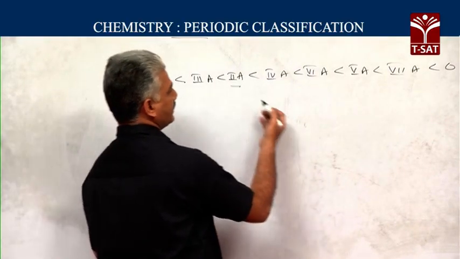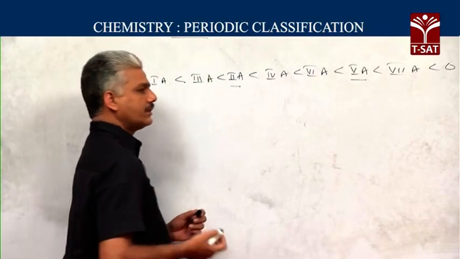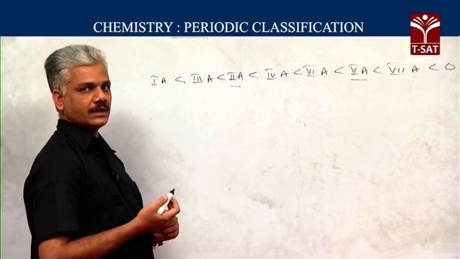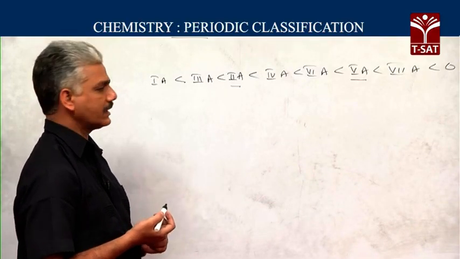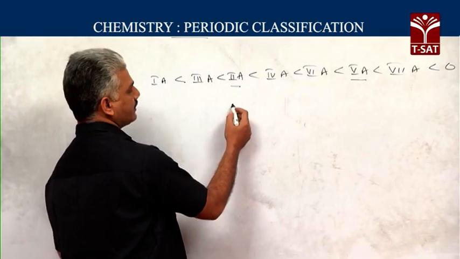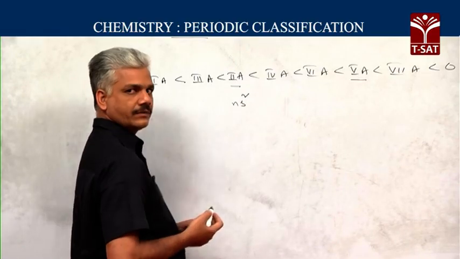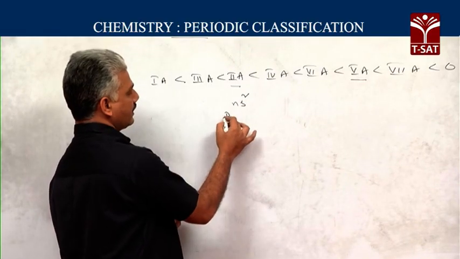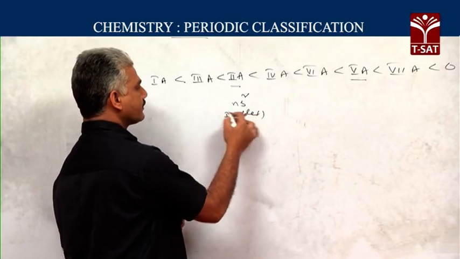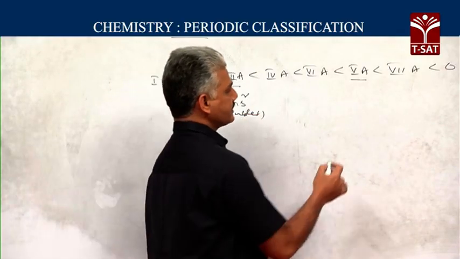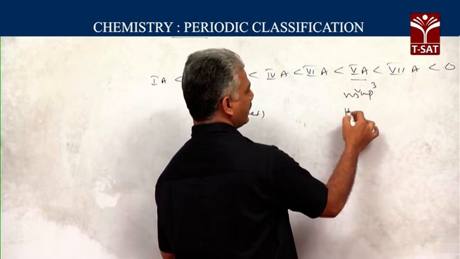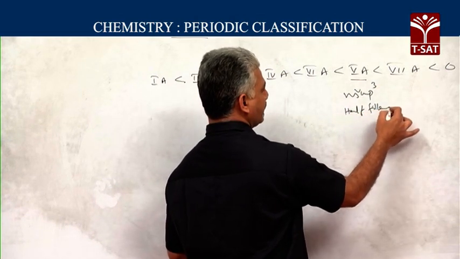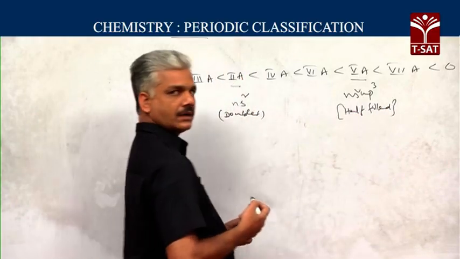The sudden jump in the IP values of 2A group elements and 5A group elements is because of their stable electronic configurations. In case of 2A group elements, NS2 configuration is present, which is a doublet configuration. In case of 5th group elements, the general electronic configuration is NS2 NP3, which comes under half-filled type of electronic configuration.